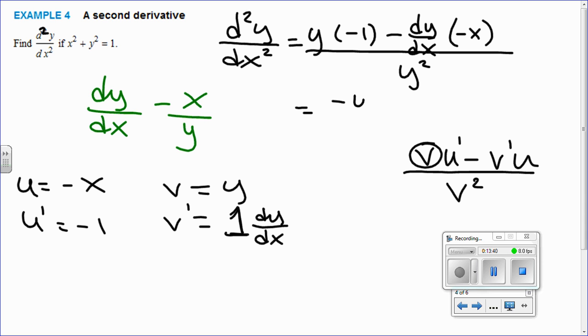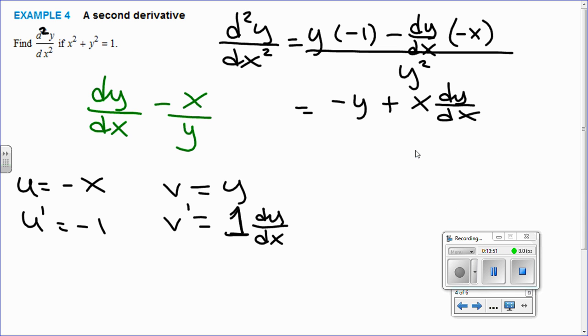So here we'll have -y plus x dy/dx, and remember this is the second derivative, and all of that divided by y squared.